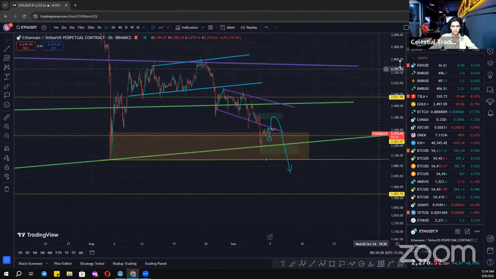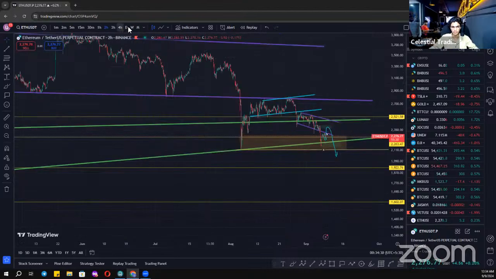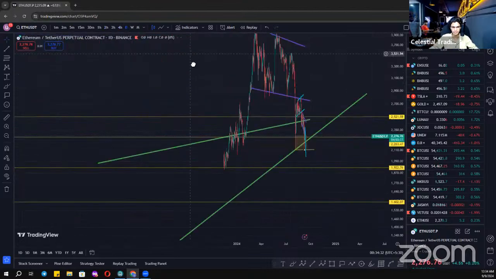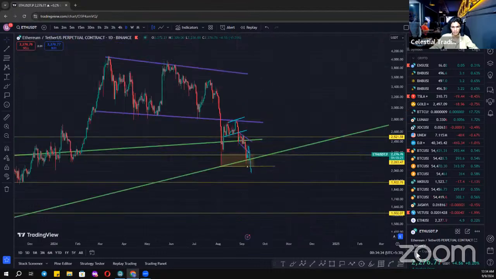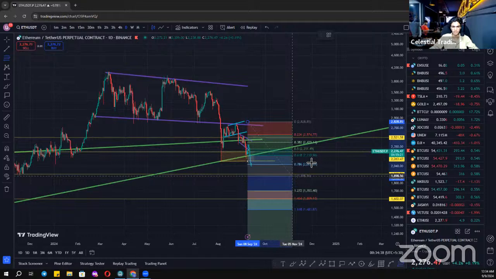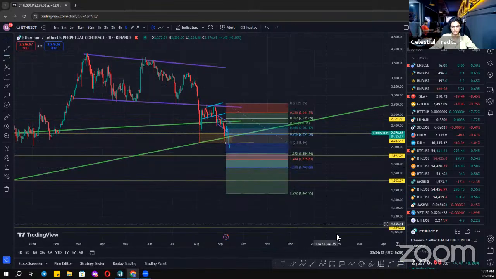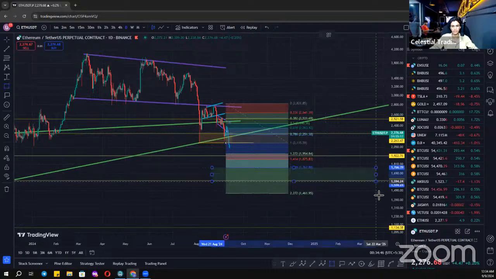So my price prediction for this Ethereum was, when you go to the fib, I have a prediction till this zone. This is my golden zone.